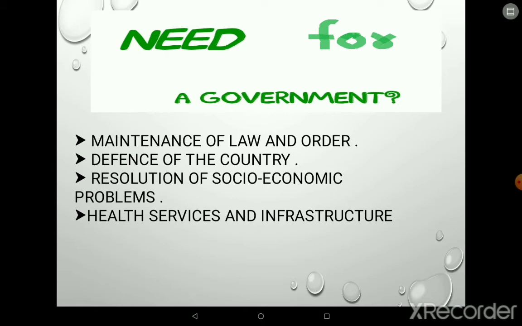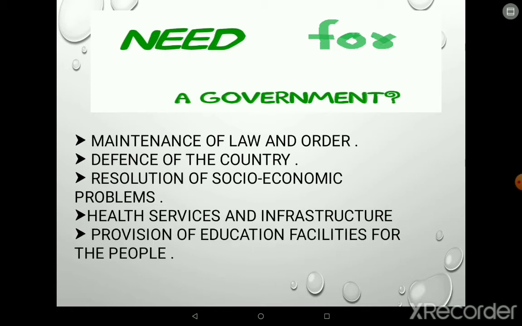For this purpose the government establishes hospitals and dispensaries for the needy people, and it also has the responsibility to provide basic facilities such as good roads, public transport, postal system, electricity, water, and so on to the people of the country.